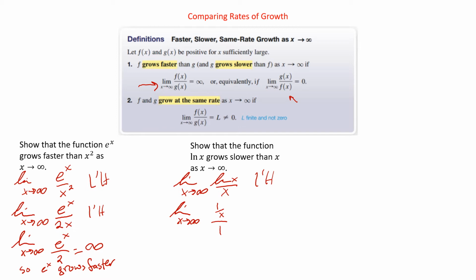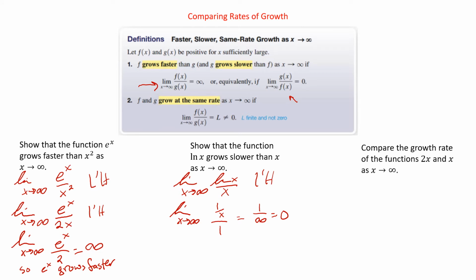When we plug in infinity, we get 1 over infinity, which is 0, because as we're dividing by bigger and bigger things, we get 0, which means the denominator grows faster, which means the numerator, natural log x, does grow slower than x as x goes to infinity. So these are the two ways that could look.